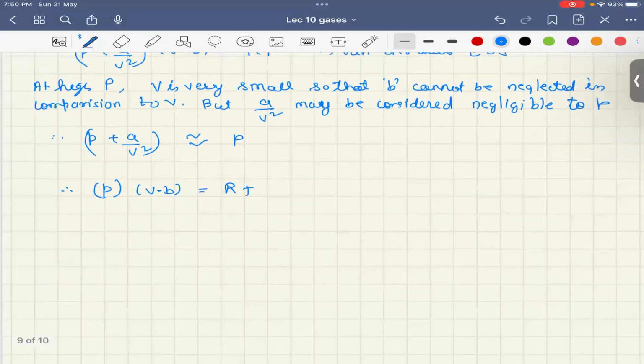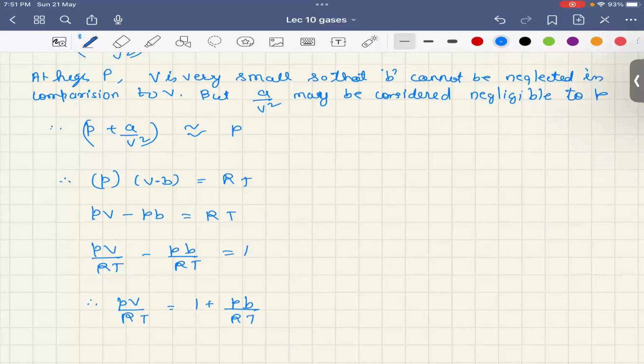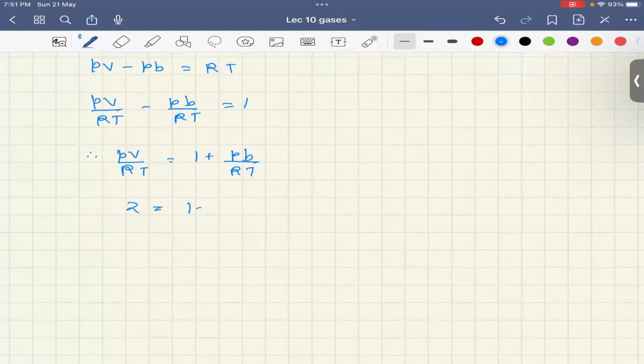Which means PV − Pb is equal to RT. Dividing both the sides by RT, we get PV/RT minus Pb/RT is nothing but 1. Therefore, PV/RT is nothing but 1 plus Pb/RT. This is nothing but Z is equal to 1 plus Pb/RT, right?